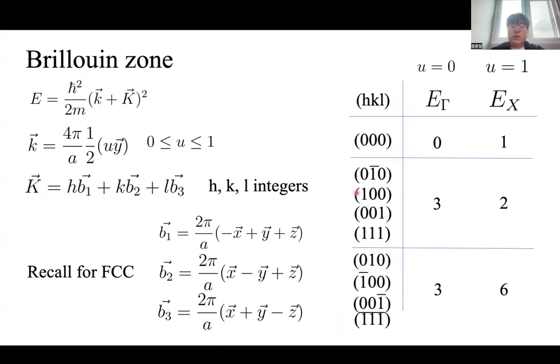So if I plug these numbers in here, I have all these vectors, I put that together here, I add this and actually take the square, I get the energy values that I can calculate. And if I do that, I get these numbers or integers normalized by the energy values of h bar squared over 2m at the points of gamma, which I've denoted as E gamma as u equals 0, and X, which I've denoted as when u is equal to 1.